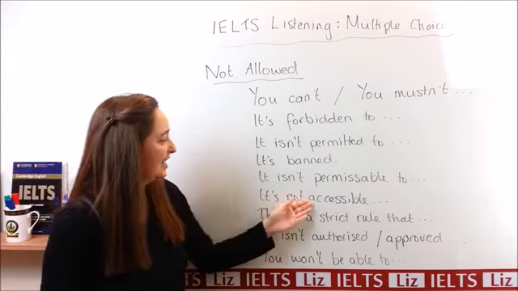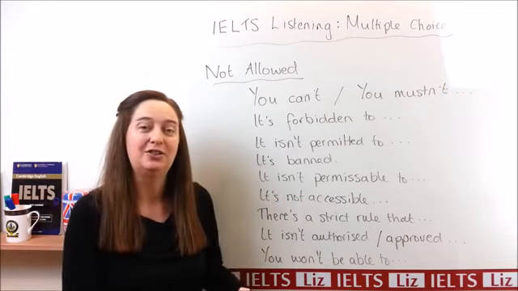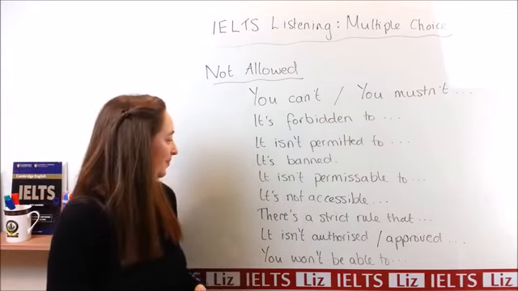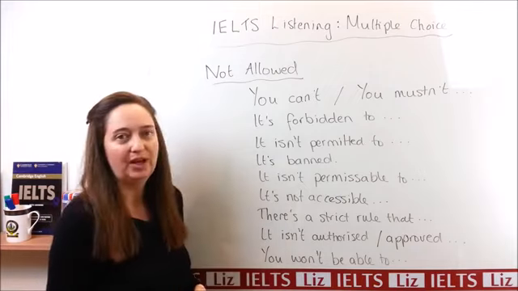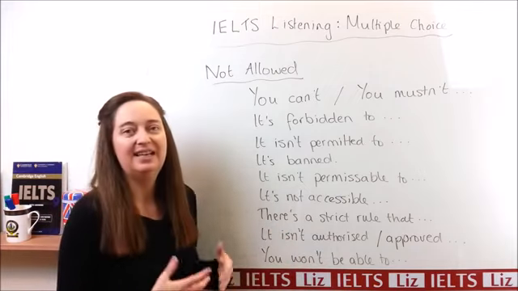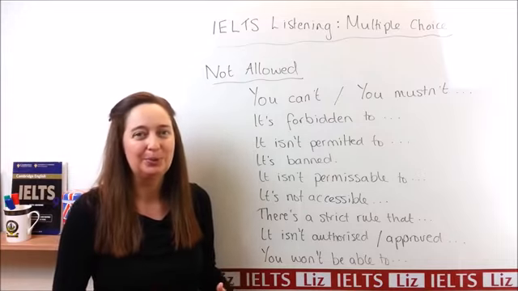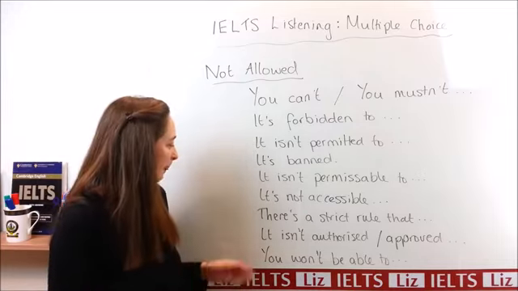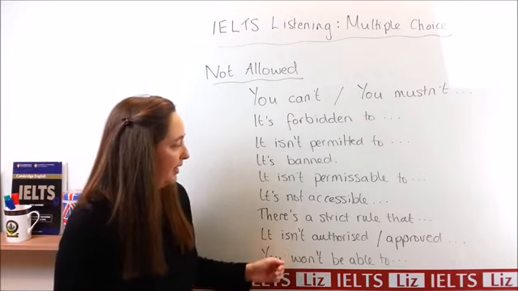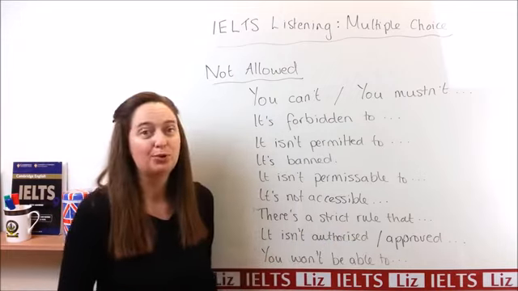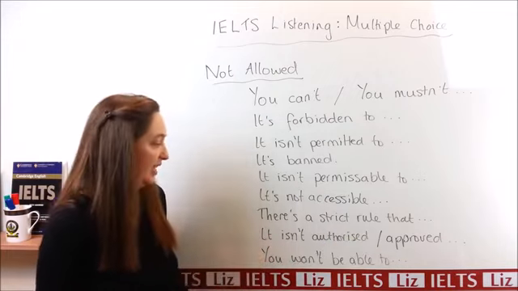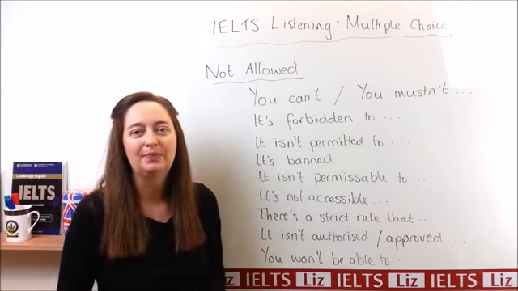It's not accessible. That means you can't get to it or you can't enter. There's a strict rule that. Strict is a negative word. So that means that you can't. It's a rule to stop you. It isn't authorised or it isn't approved. And of course you could say you won't be able to.